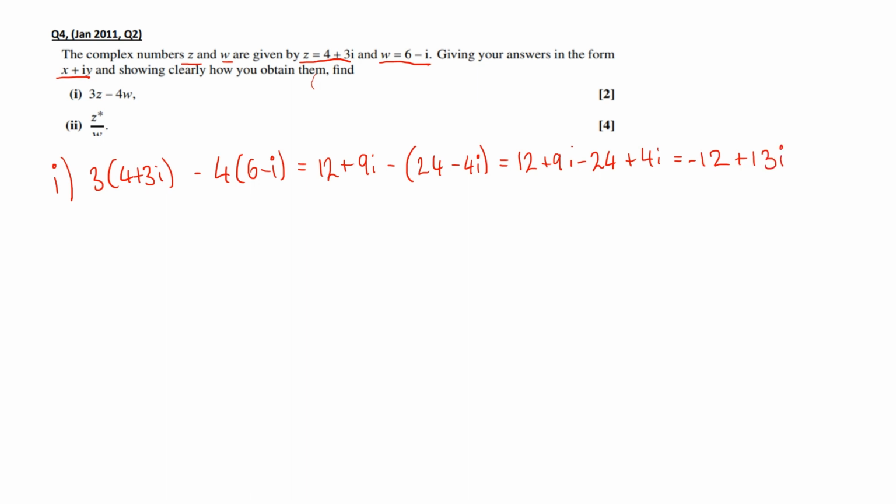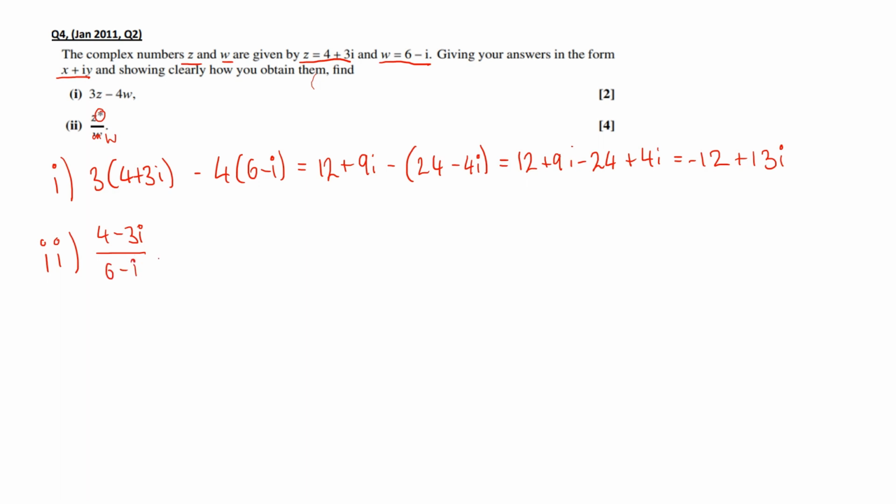That should be the answer. And number 2 is, sorry, I cut that off, but that should be it. That should be a w there. So we're saying that means the conjugate. So the conjugate of z is 4 minus 3i divided by w, which is 6 minus i.